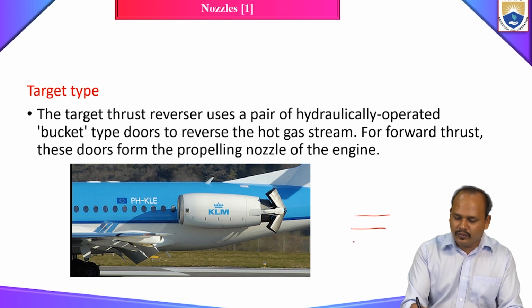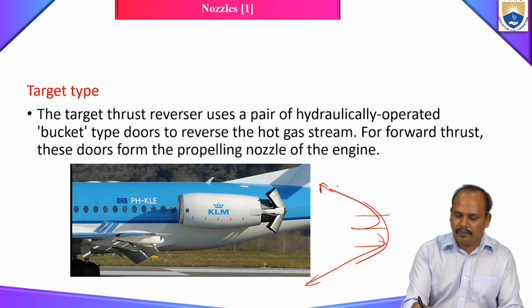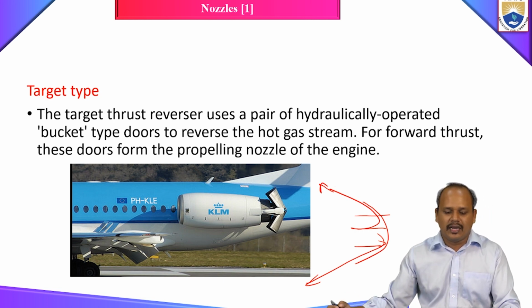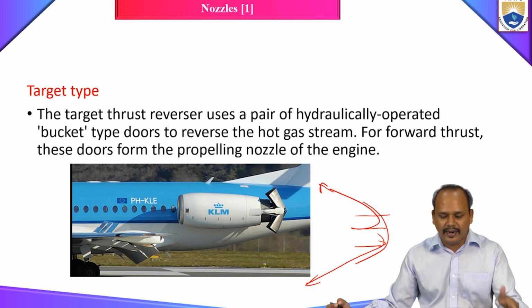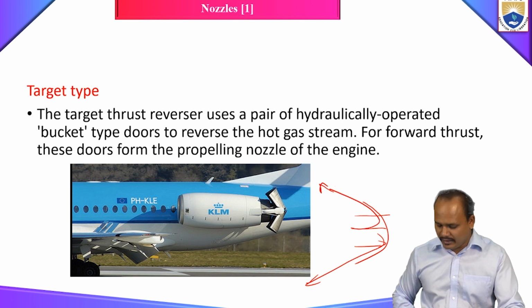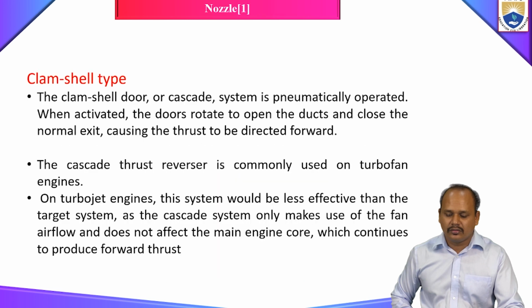Initially your thrust is moving straight out; when I put in this bucket, the thrust is produced in the reverse direction. When it is produced in the reverse direction, the momentum of the aircraft is reduced drastically. This is what we call the target type thrust reversal mechanism.